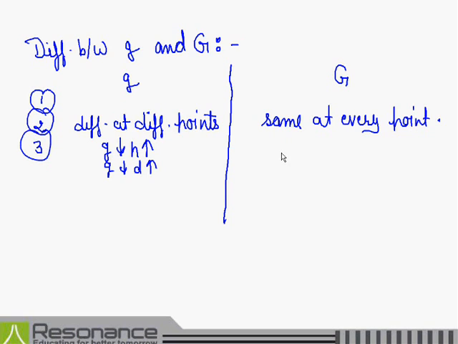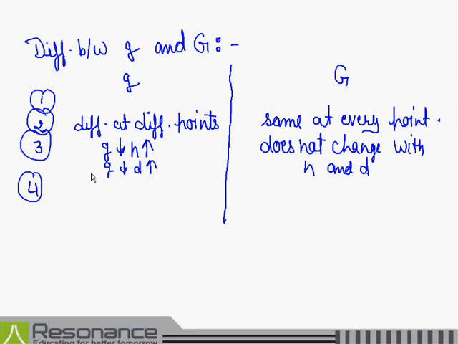Fourth point is the value of g at the center of earth is 0, while the value of capital G is not 0 at the center of earth or anywhere else.